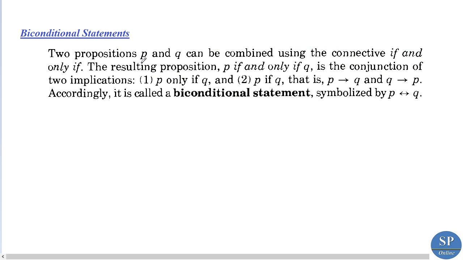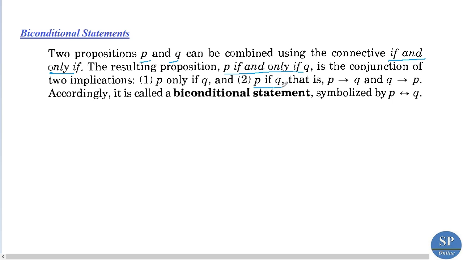Now we have the definition of biconditional statements. Two propositions P and Q can be combined using the connective if and only if. The resulting proposition P if and only if Q is the conjunction of two implications which are P only if Q and P if Q. That is, P only if Q means Q if P, right?